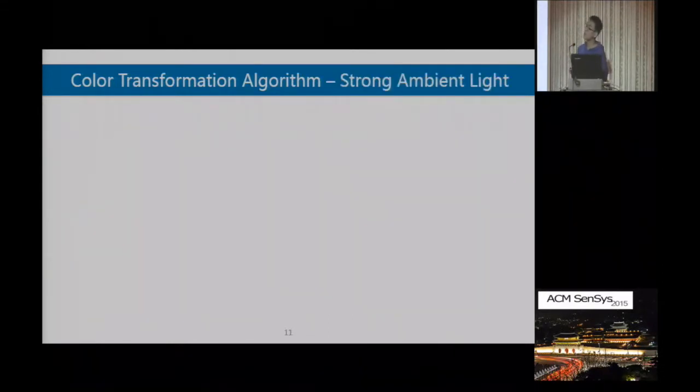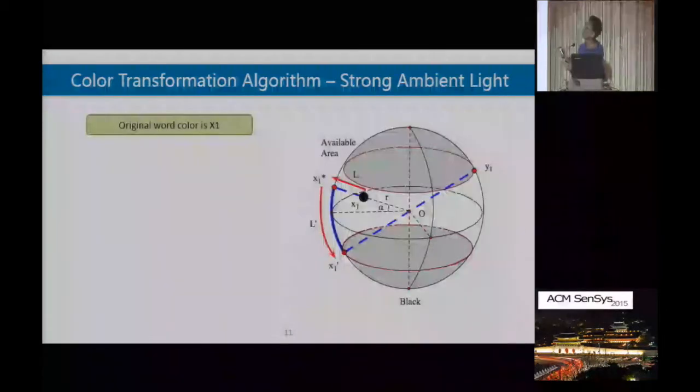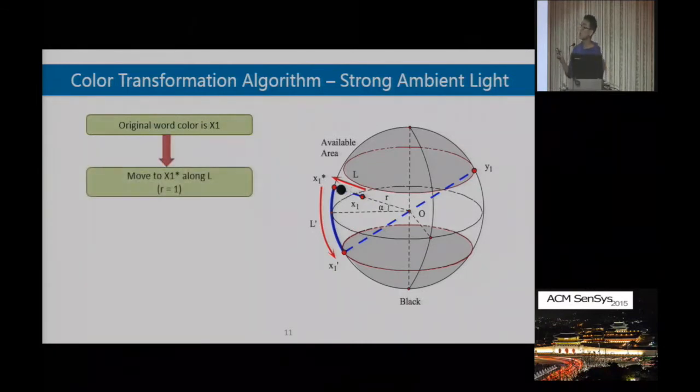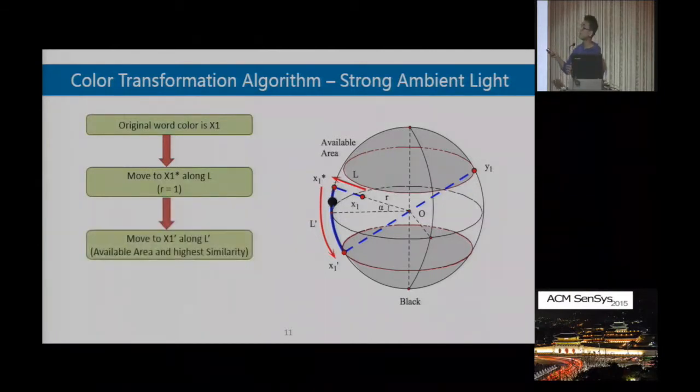So now is the algorithm part. We have already modeled all the factors. Then here is how the algorithm goes. If this point is the original word color, x1, first the factor is R equals 1, so we just move it along L to x1 star here, and then we want it to meet the RVP requirement, so we move it along L dot to x1 dot, and this x1 dot is the new color for this original color.